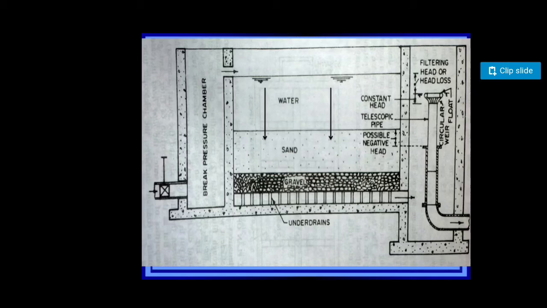Then we have to replace the portion of filter media that we had taken out by removing the clogged pores. We replace it and maintain the depth of the filter media. So this is a very lengthy, very tedious process, right?